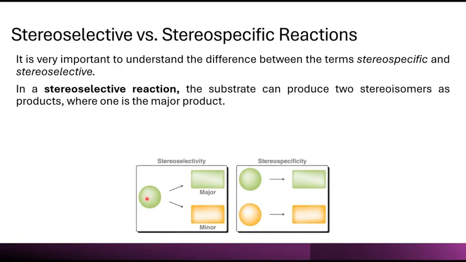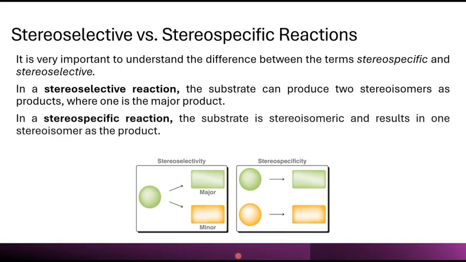We have one substrate producing a major product and a minor product. That's stereoselective. In a stereospecific reaction, the substrate is stereoisomeric and results in one stereoisomer as a product. So here is one substrate. It produces one product. Here's the other stereoisomer, and it produces its own product.